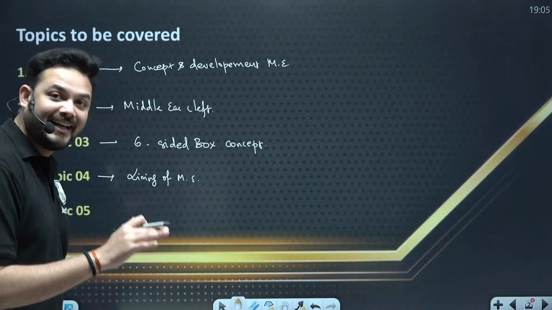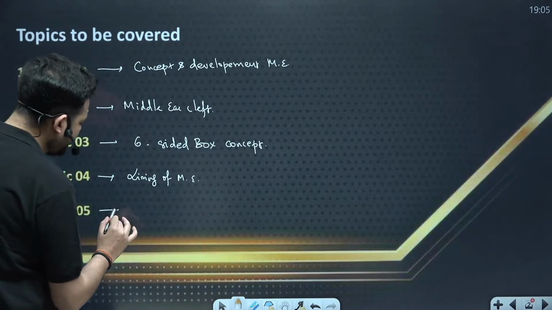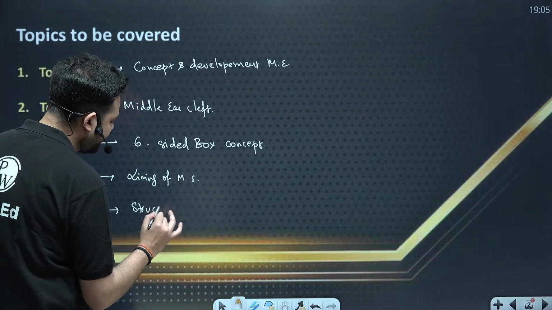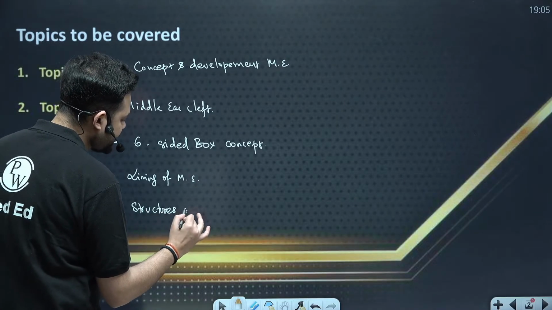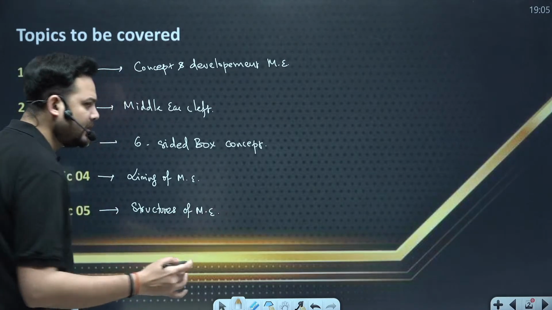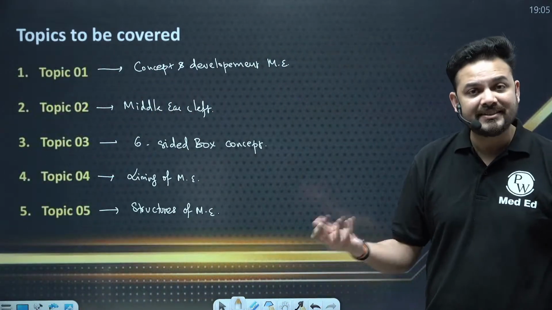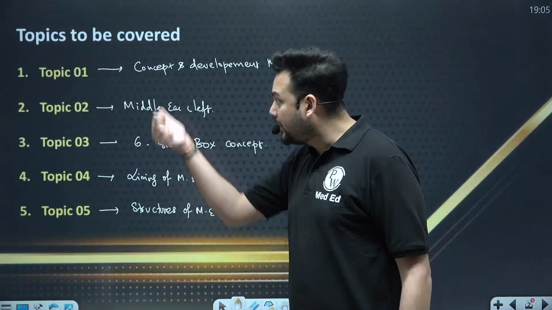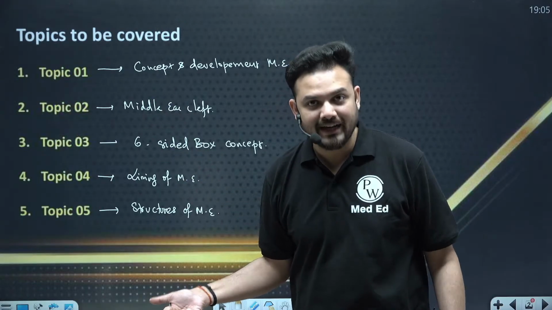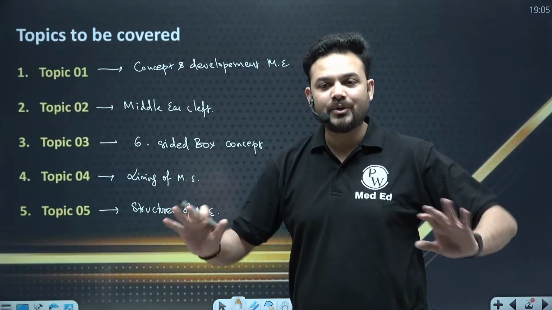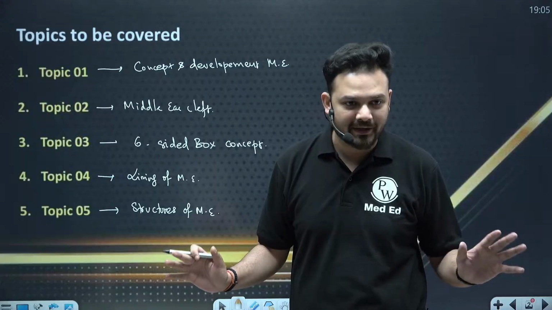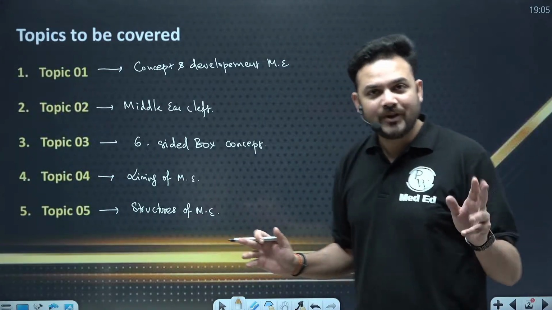And finally, we are going to see the structures present in the middle ear. That will include the ossicles, the blood supply, the nerve supply, the muscles, everything. So we are going to go in this direction, and we'll take our own sweet time to understand as well as master this topic. Chalo. Now let's go on one by one.